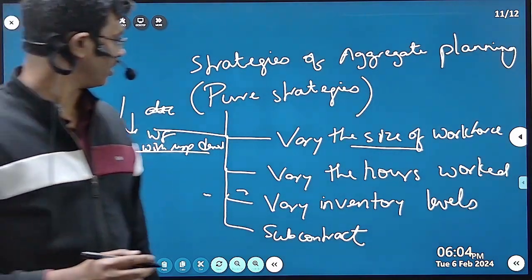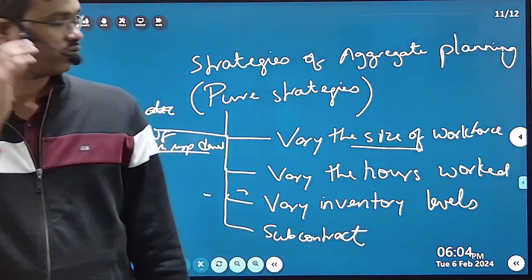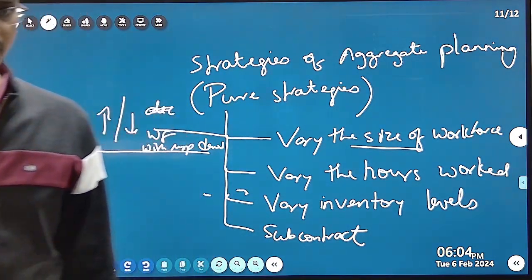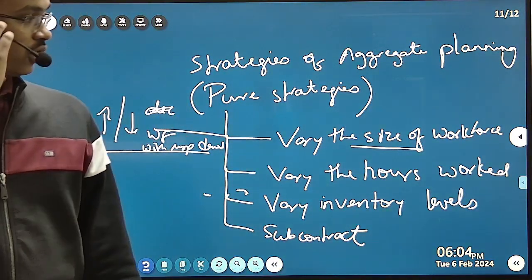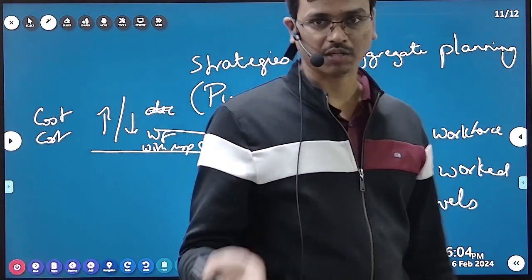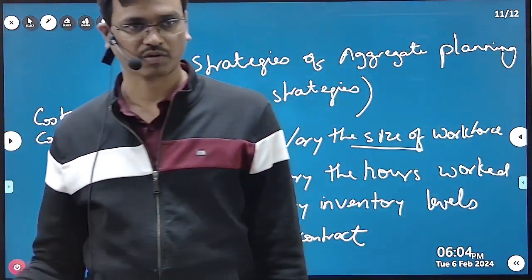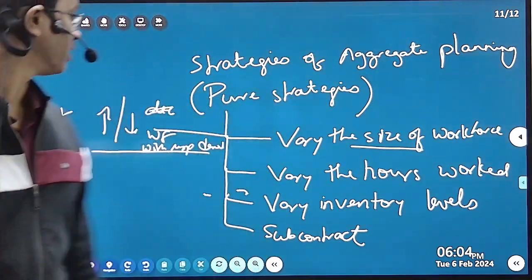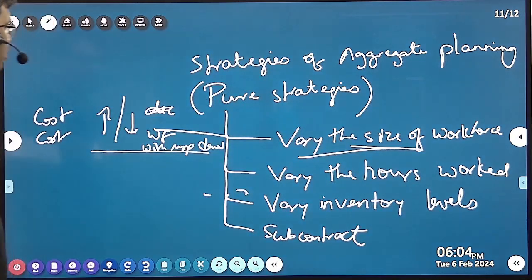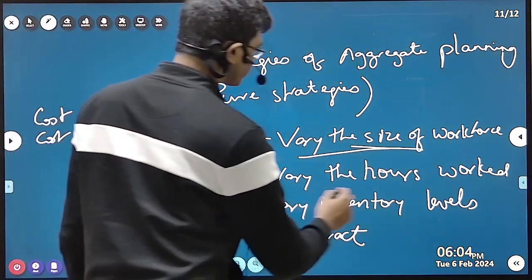Because in varying the size of your workforce, you will have to recruit, your HR will be coming into the picture, and again for firing them, you cannot just fire. Maybe you have to give them a 3 months package or 3 months of salary before you fire. So the first strategy is varying the size of the workforce with respect to the demand. Second one is varying the hours worked.